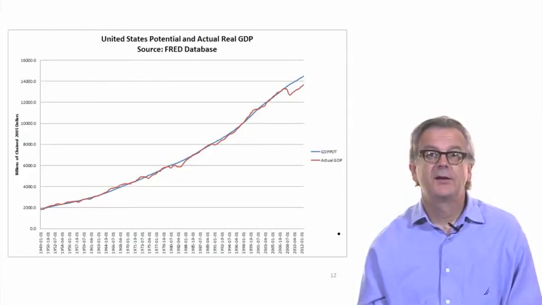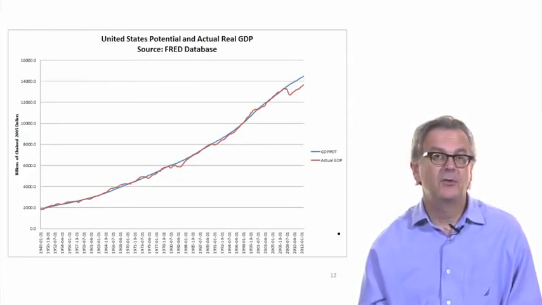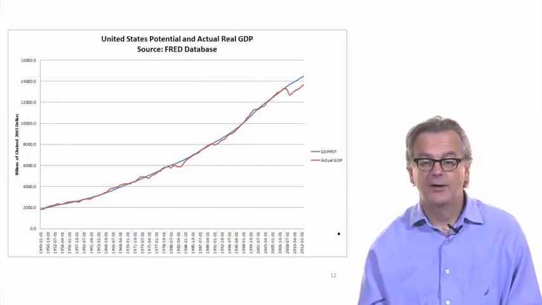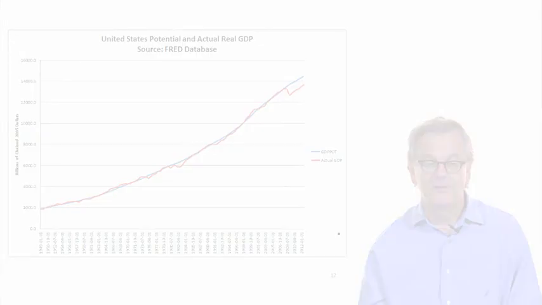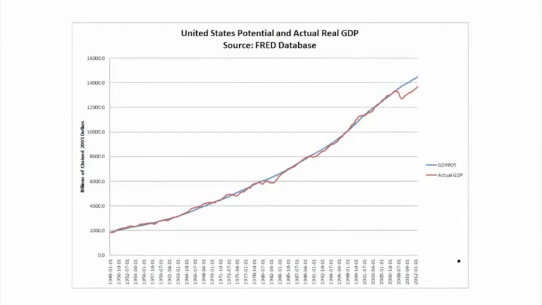This chart gives another insight into Okun's law, this time looking at real data for the United States. The line in blue is a measure of potential GDP for the United States. The red line is actual GDP.